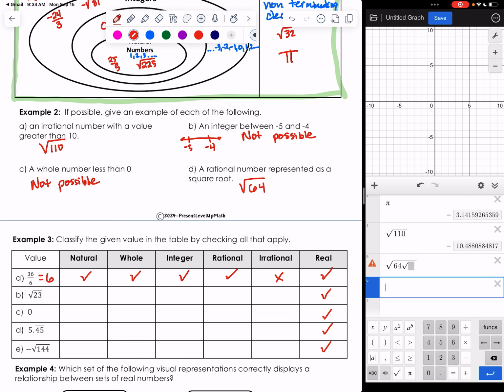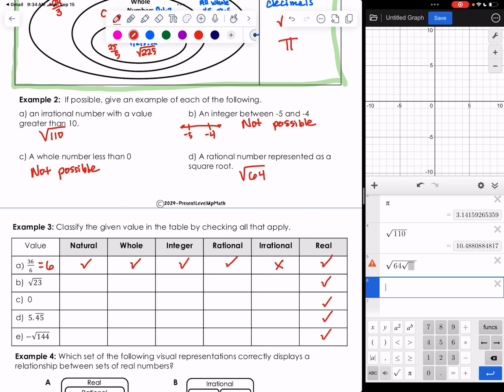All right, problem B, square root 23. Now, the square root of 23, do you see that it is a non-repeating, non-terminating decimal? So it must be irrational only. And if it's irrational, it can't be natural, whole, integer, or rational.